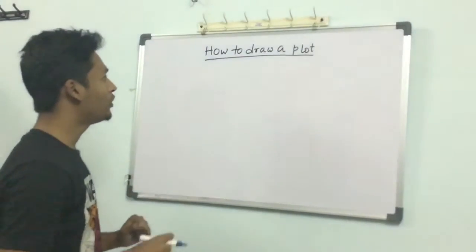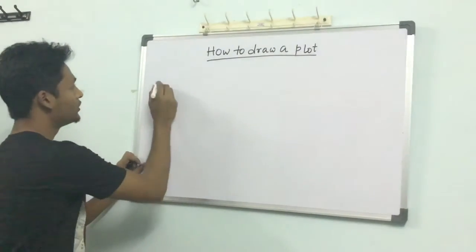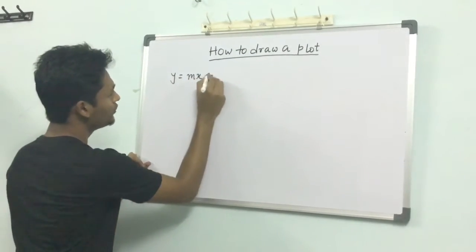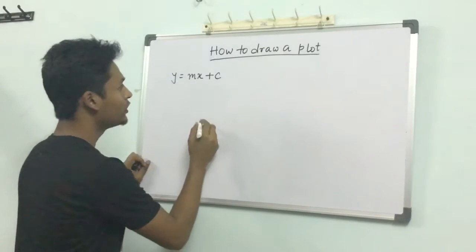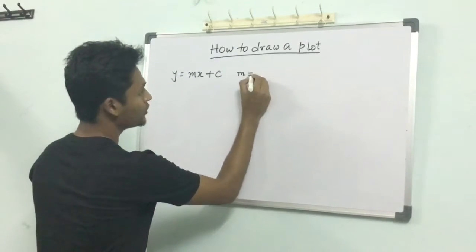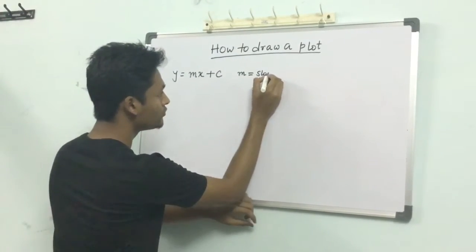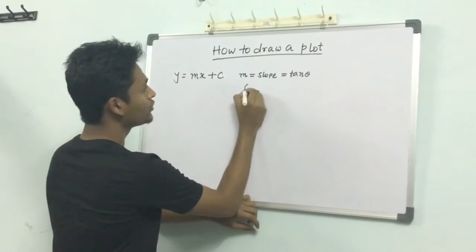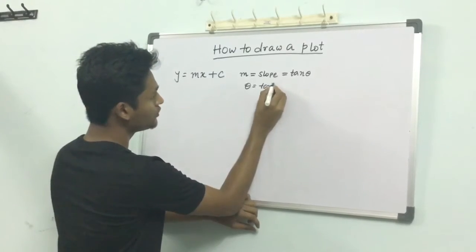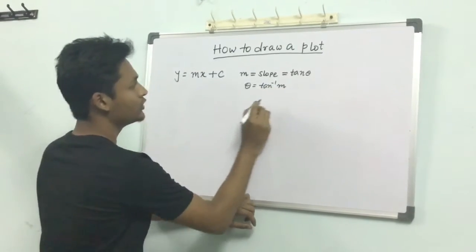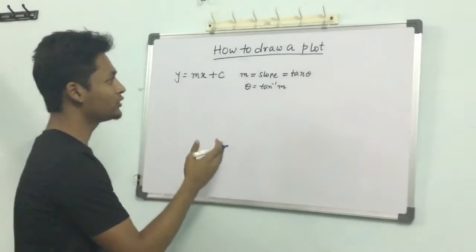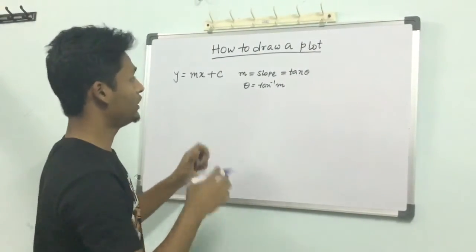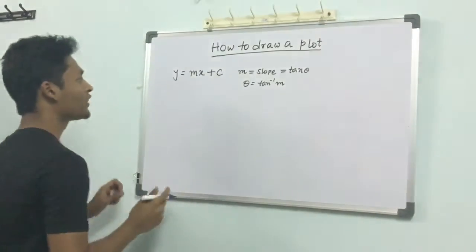To draw a straight line, we know the basic straight line equation is y equals mx plus c, where m is the slope, which is equal to tan theta. So theta is tan inverse m. Knowing m, we can tell the slope, that is, the angle it makes with the x-axis.